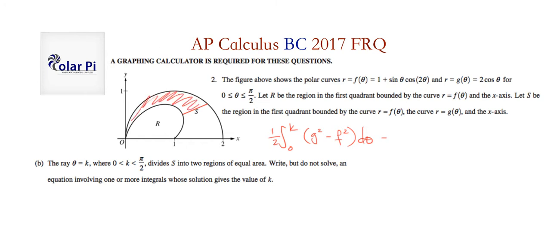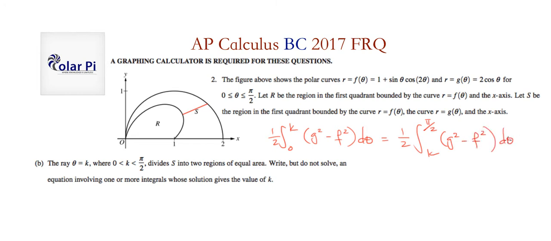So I still need a 1/2 of the integral from k to pi over 2, to cover the rest, and it's still g squared minus f squared d theta.